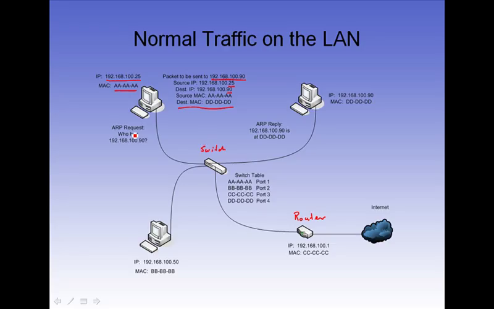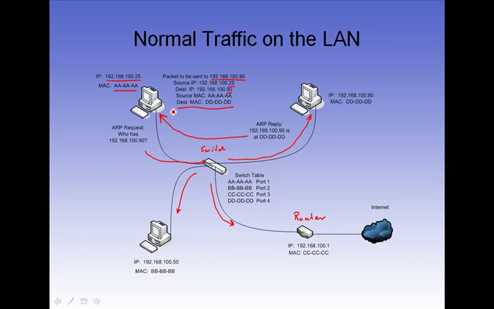So what it does, it sends out an ARP request, basically asking who has 192.168.100.90, and this is a broadcast. So this packet is going to go into here, and it's going to go to here, and it's going to go down to here to the router, and it's going to go up to here. Now, the .90 machine is obviously using this particular IP address that's in the ARP request, so it's going to send a reply.